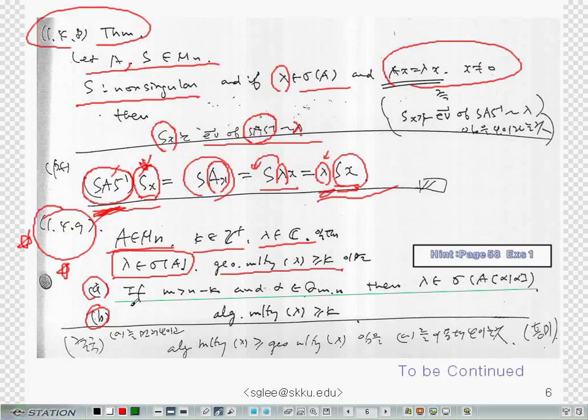The first one: if m is greater than n minus k and alpha is in Q_{m,n}, that means alpha is a sequence of integers chosen from 1 to n with m numbers in it, then that eigenvalue lambda is also an eigenvalue of this m by m submatrix, because m is the size of alpha.